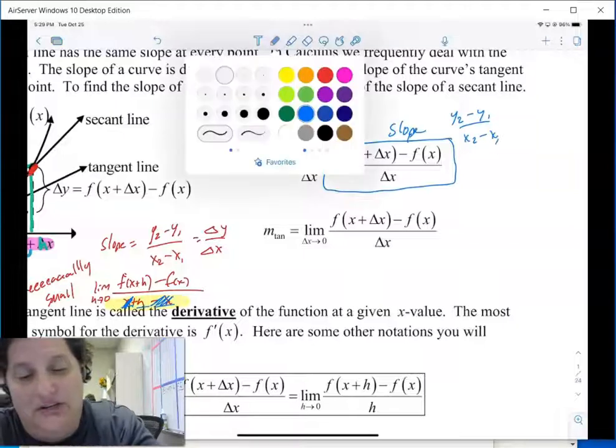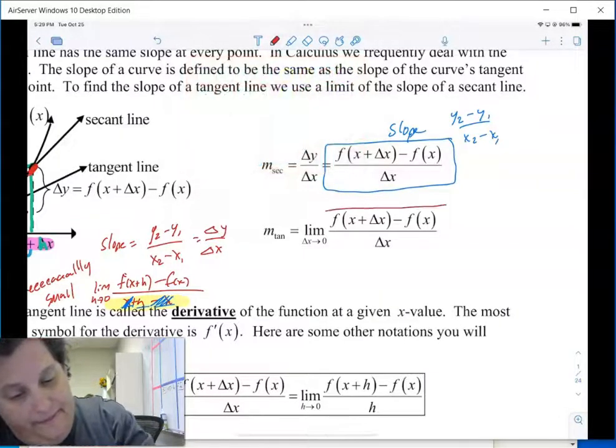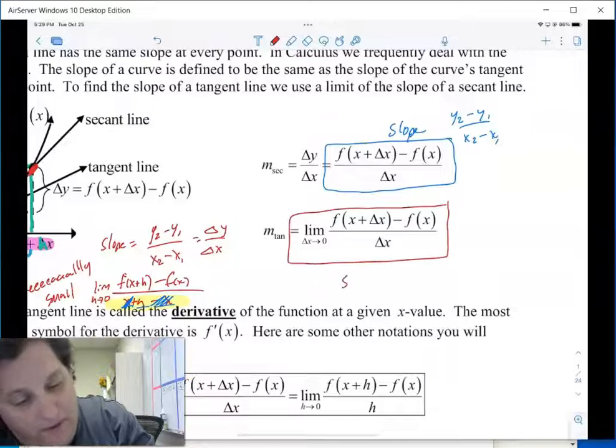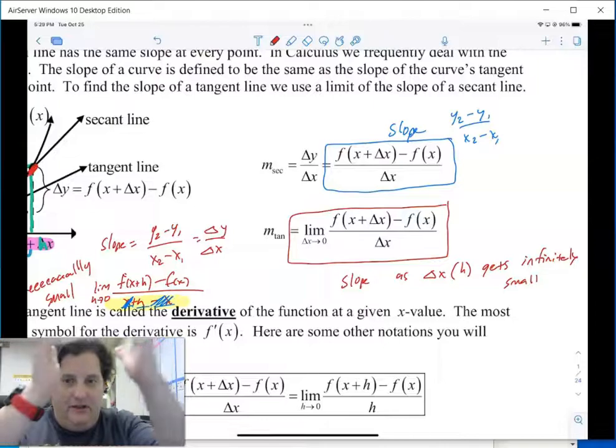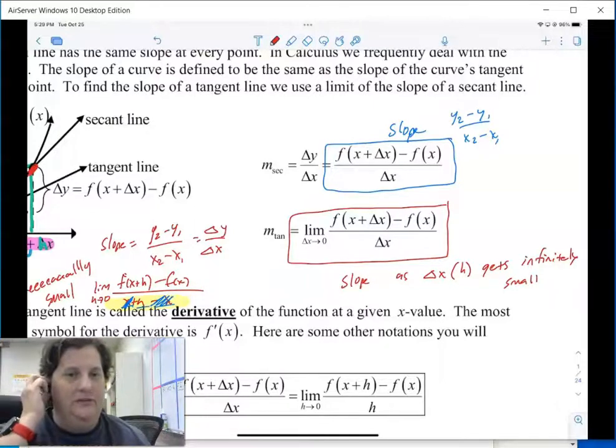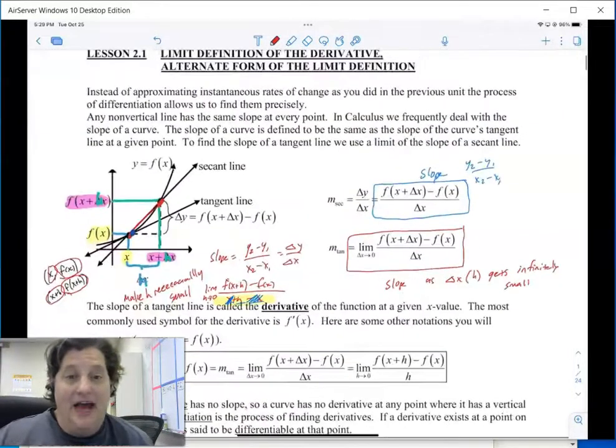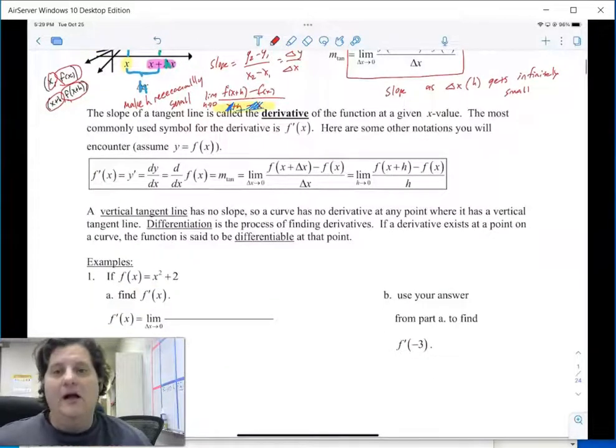The tangent line is a slope as delta x, or h, gets infinitely small. That's bringing those 2 points, boom, right together. Perfectly, all right? That's called the derivative, okay?